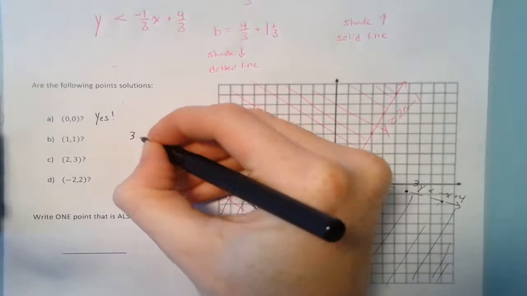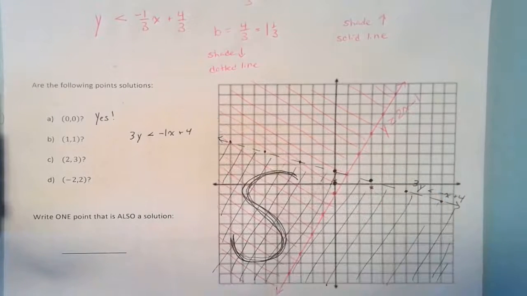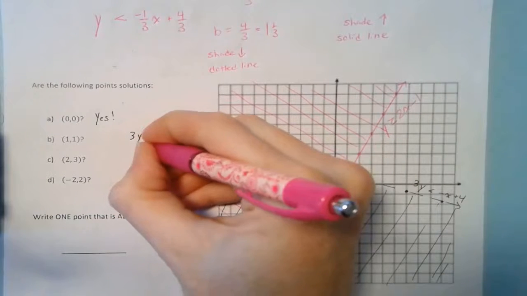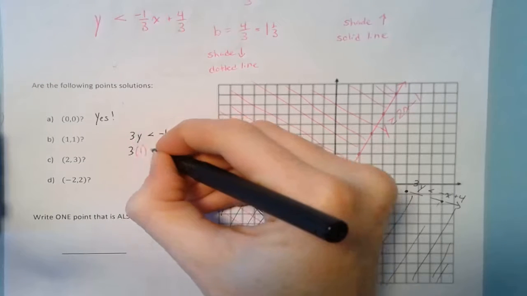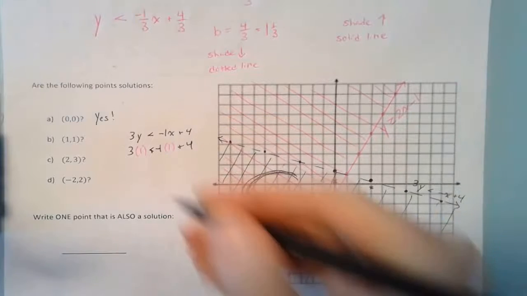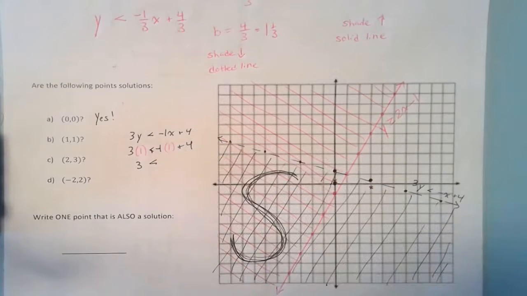So the original equation was this, but if I put in the point 1 comma 1, right, that means y is 1, means x is 1. So 3 times 1 on the left side is 3. I get my calculator to do the right side.